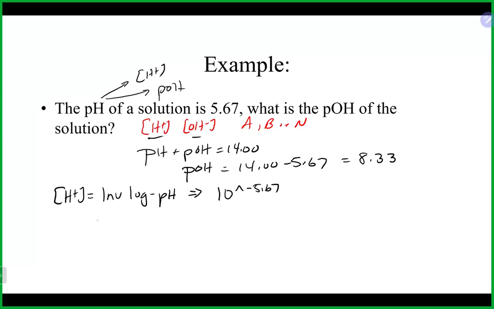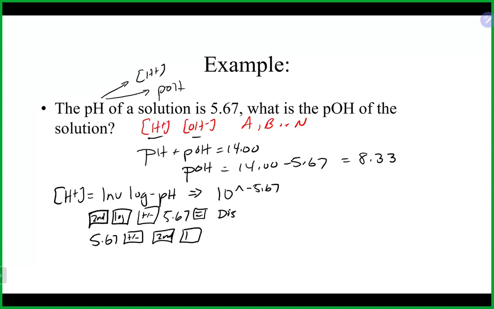Depending on your calculator, second or shift, log, negative, and 5.67 and equals if you have a display calculator. With a non-display calculator, you could go 5.67, then hit the negative button, then hit the second button, and then hit the log button. So any one of those ways should do that for you.